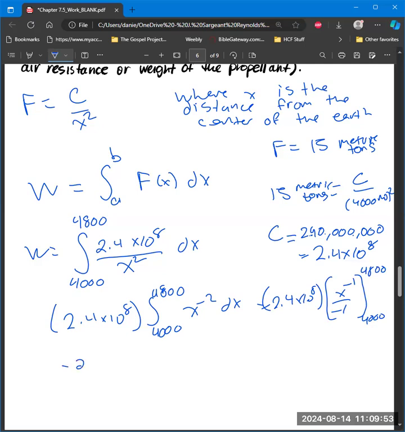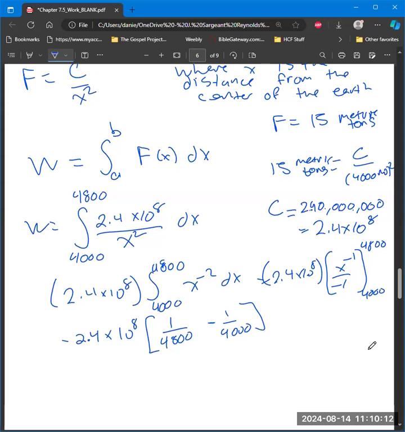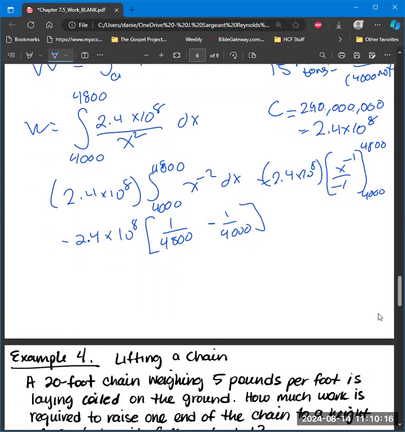So that's going to give me negative 2.4 times 10 to the 8th times 1 over 4,800 minus 1 over 4,000, which is going to be 10,000 miles metric tons, and it just so happens that nicely converts here, metric tons and miles are going to multiply to also give me joules. So that's 10,000 joules of work.